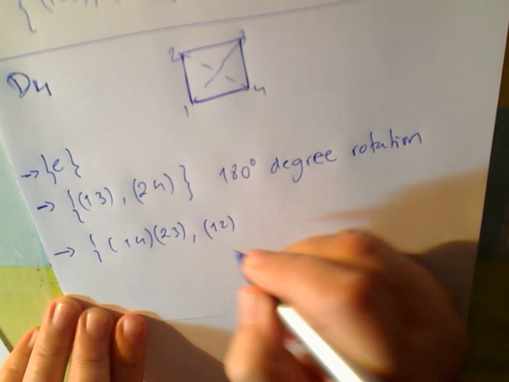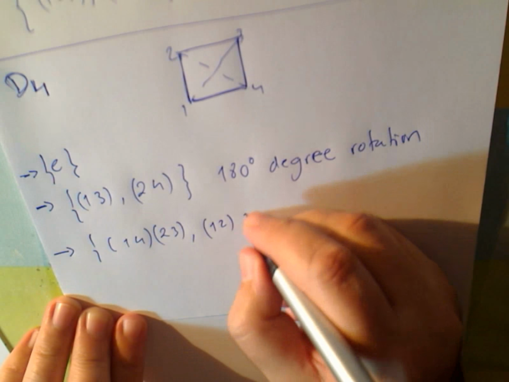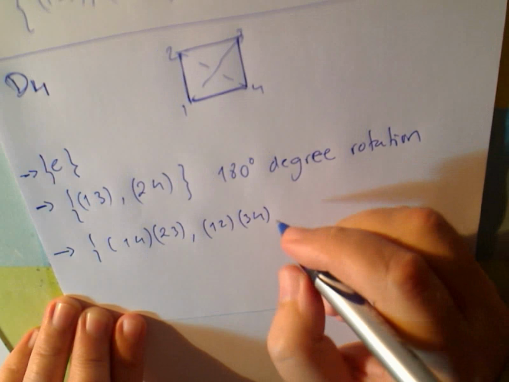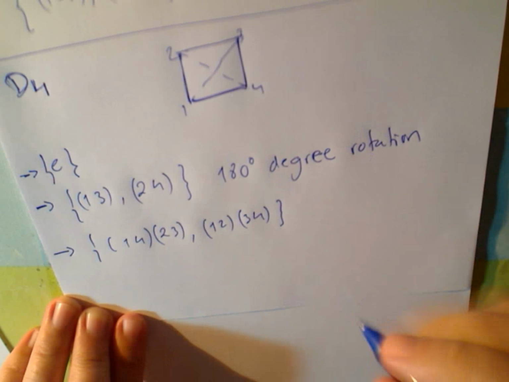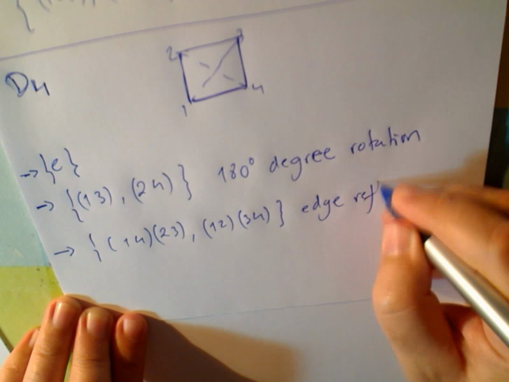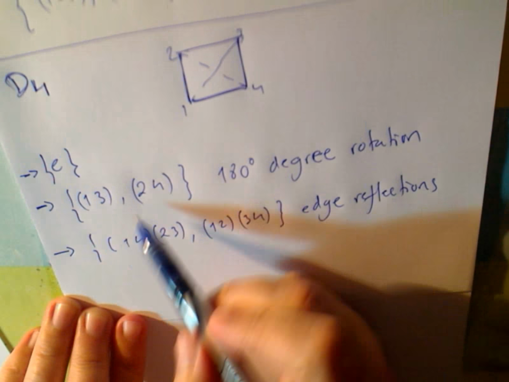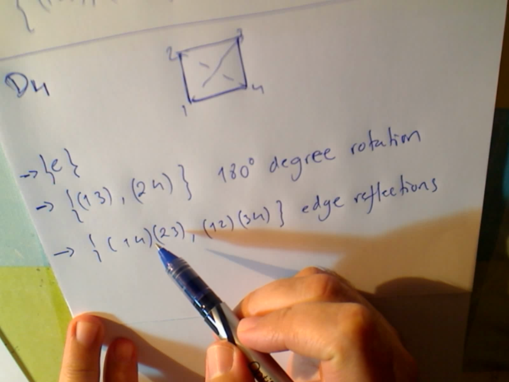And 1 2, 3 4. So these are the edge reflections. That's one class, two class, three.